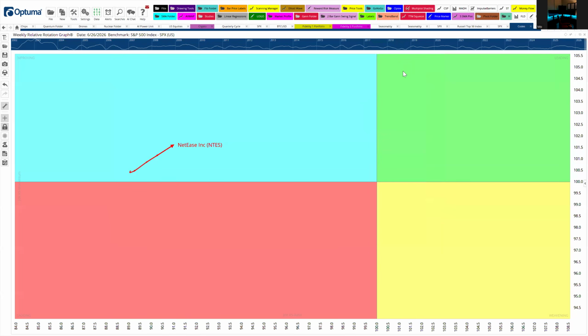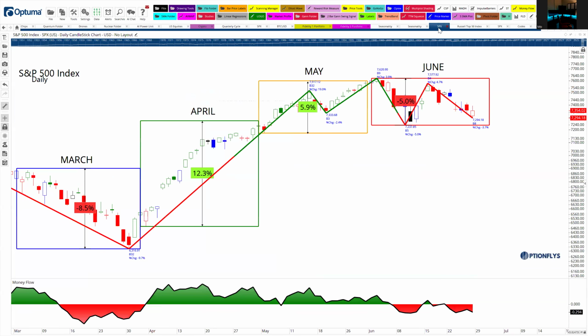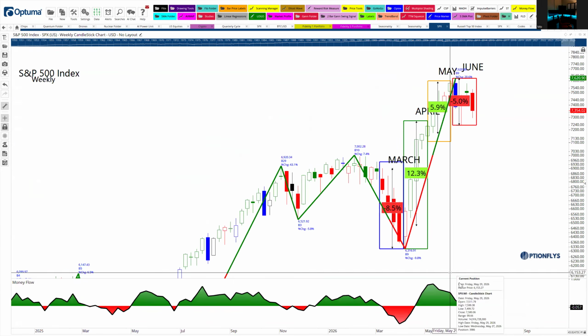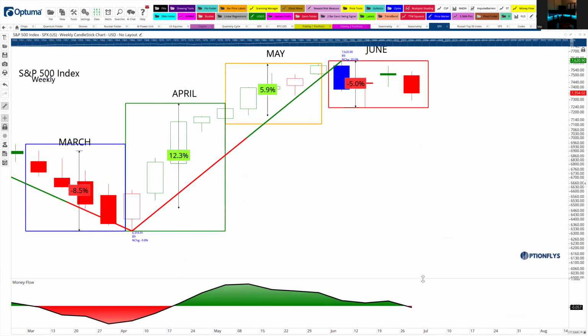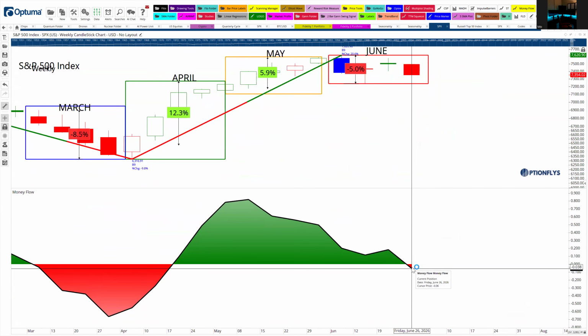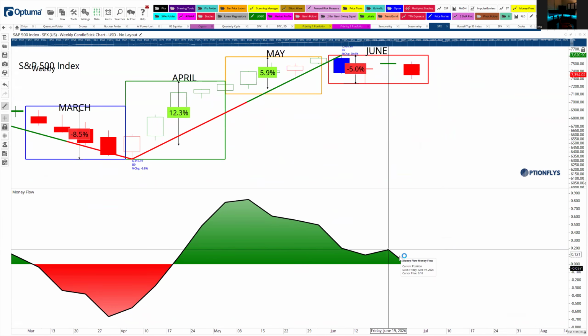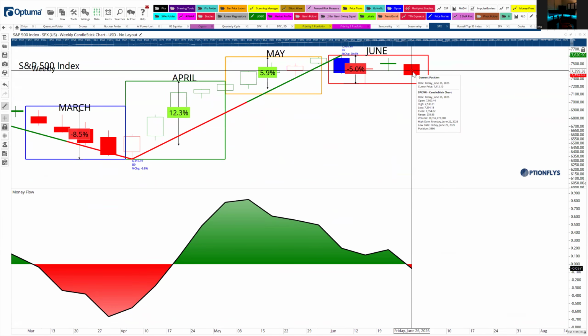S&P just had the same thing on the weekly. You see right there, this is the loss of momentum. I don't know about July, we'll see.